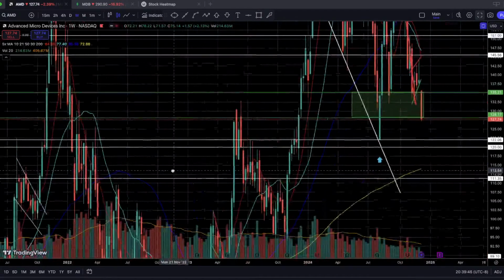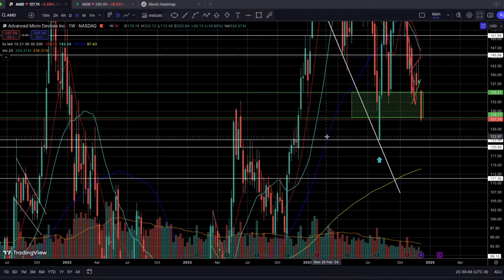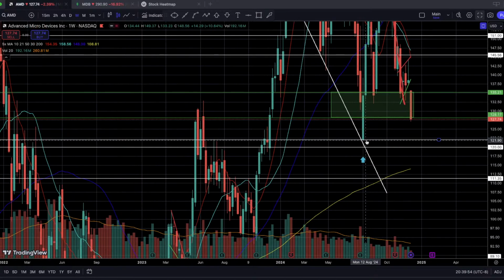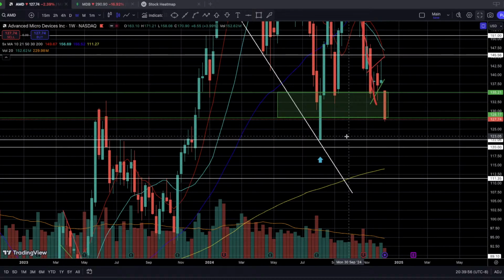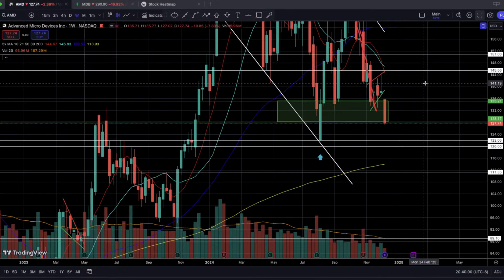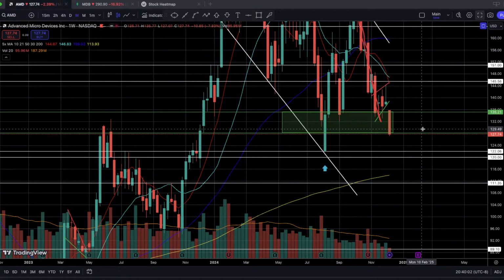So basically, it seems like we're trying to come back down to retest this major level of resistance for a second time, a secondary pivot point here. Why is it a secondary pivot point? Because we already retested it in August, right? Now, it's not a good sign that we're coming back down to retest this 122 previous resistance level, because again, we have already pivoted away and used it as a new level of support.